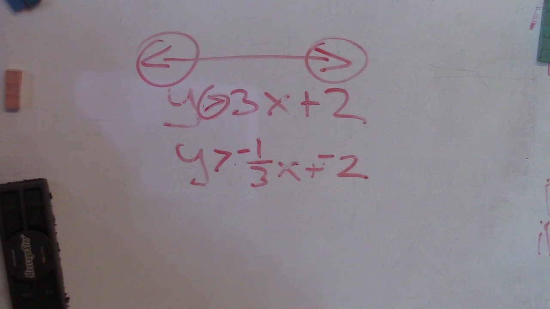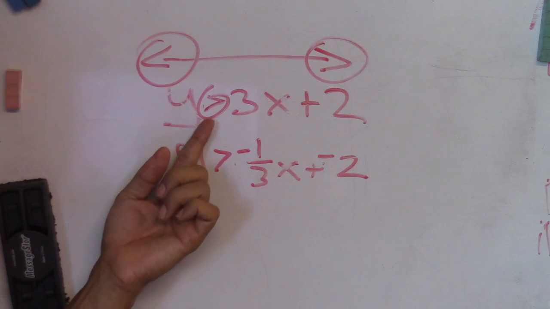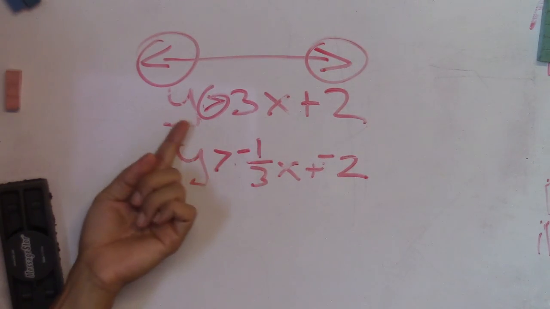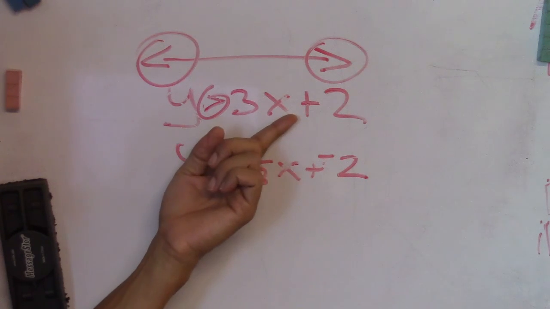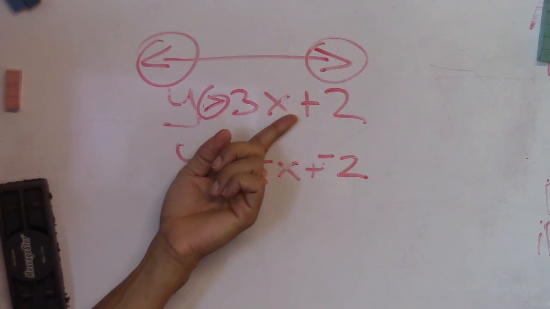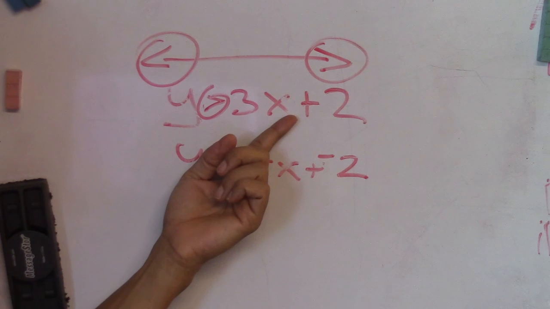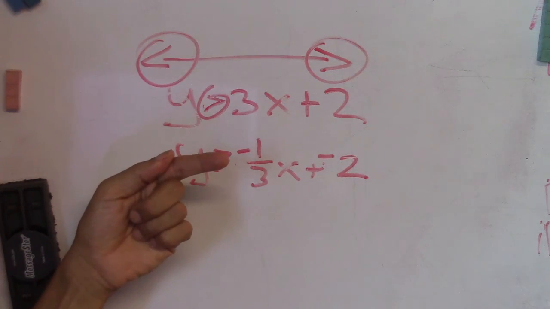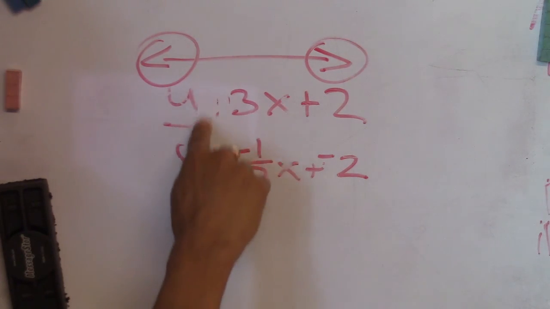Wait, so okay. Because you want to do function is greater than y. Does that mean you would use the up? Yes. Well, okay. Wait a minute. Here y is greater than our function. For the first one we did, it was y is less than 3x plus 2, so I'm just trying to figure out. All right, there you go. I understand.